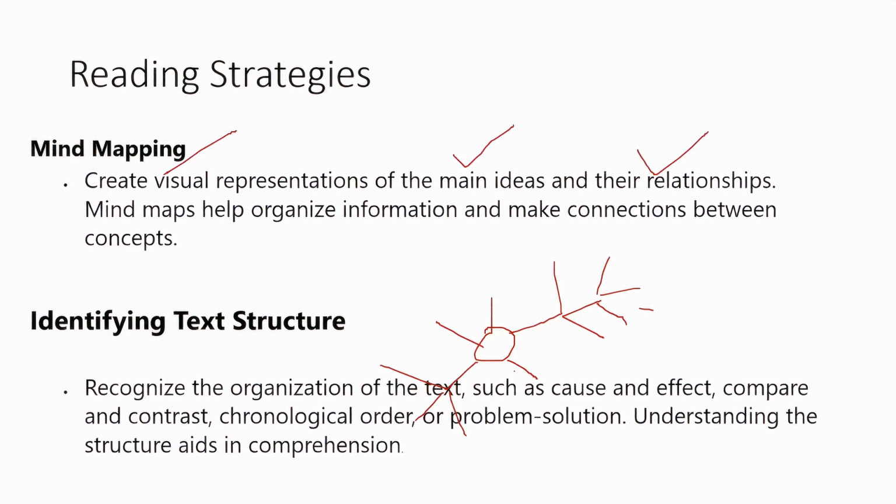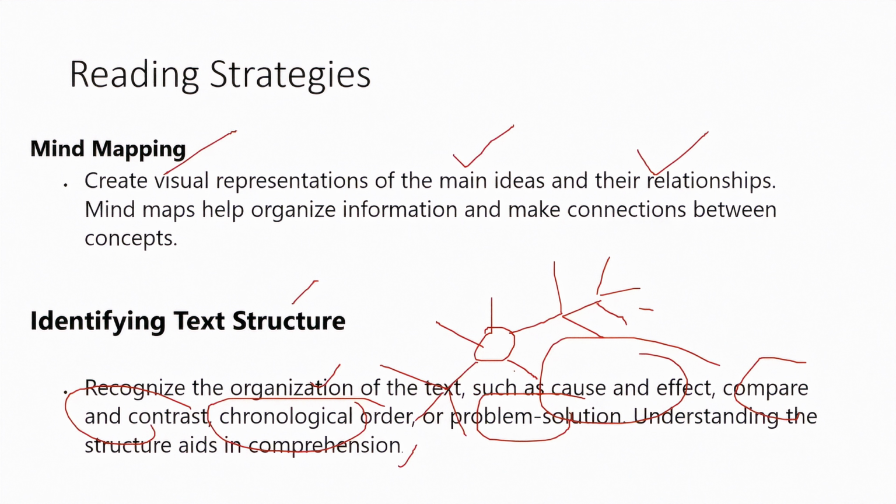Another one is identifying text structure. Recognize the organization of the text, such as cause and effect, compare and contrast, chronological order, and problem and solution. Understanding the structure aids in comprehension. So you try to know the structure of the text.